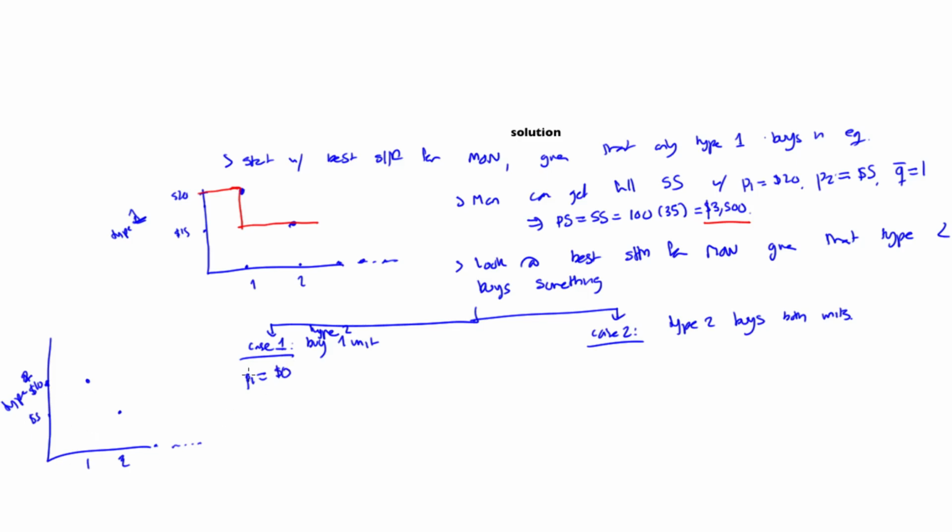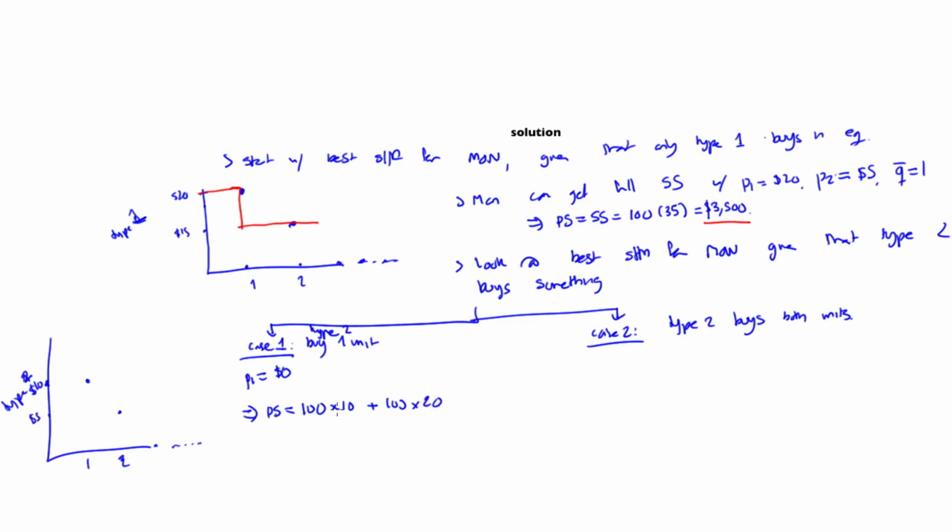That leads type 2 to buy 1 unit, but not the second unit, and it still extracts some revenue from the first type, who buys both units. In this case, the producer surplus is equal to 100 times 10 plus 100 times 20.